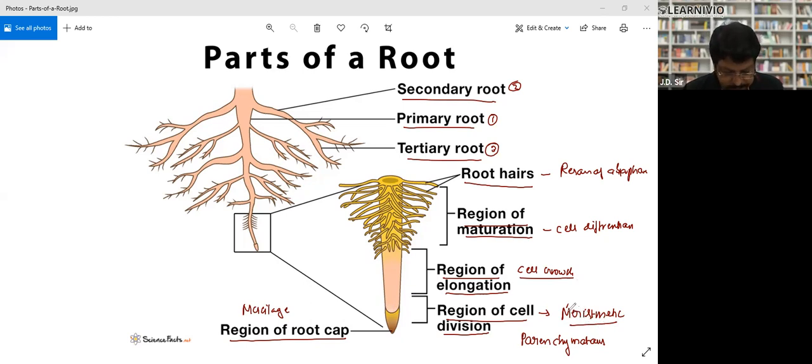Next point: the cells of the root cap secrete mucilage to reduce friction with soil.